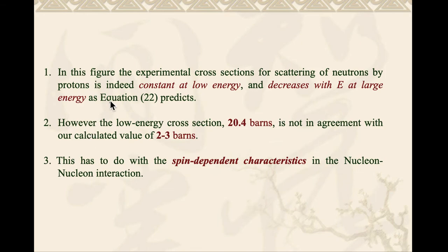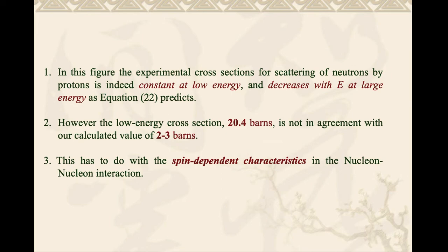In this figure, the experimental cross sections for scattering of nucleons by protons are indeed constant at low energy and decrease with E at large energy, as our equation 22 predicts. However, the low energy cross section 20.4 barns is not in agreement with our calculated value of 2.3 barns. This has to do with the spin-dependent characteristics of the nucleon-nucleon interaction.